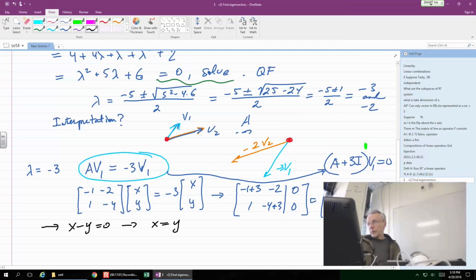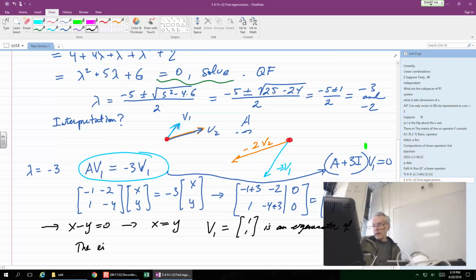Which means that I have a bunch of eigenvectors right away. I certainly could pick v1 equal to (1, 1) as a basis, but then every multiple is also in the eigenspace. So this is an eigenvector for lambda equal to negative 3. And secondly, let me right away pick the eigenspace.